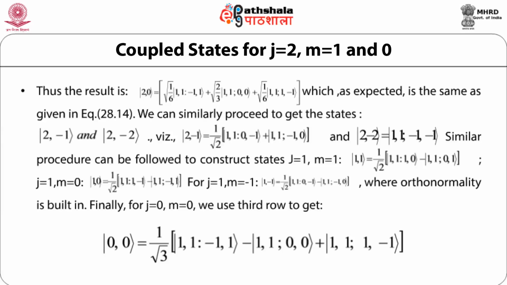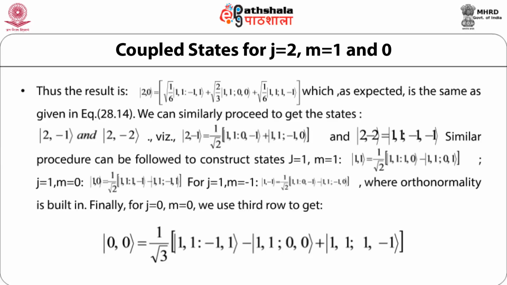Also for the total angular momentum j equal to 1 and the magnetic quantum number m equal to 0, the coupled state is given by 1 comma 0 is equal to 1 by under root 2 times bracket open state 1 comma 1 and 1 comma minus 1 minus state 1 comma 1 and minus 1 comma 1 bracket close.